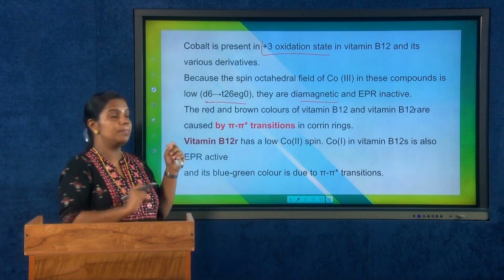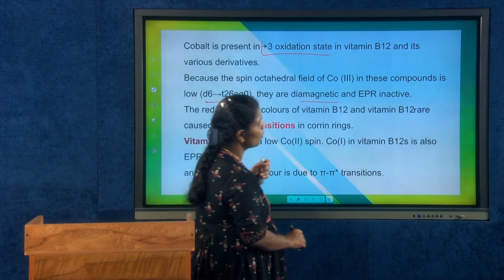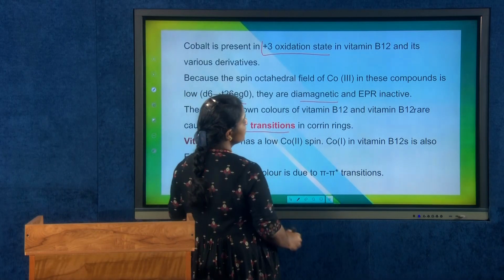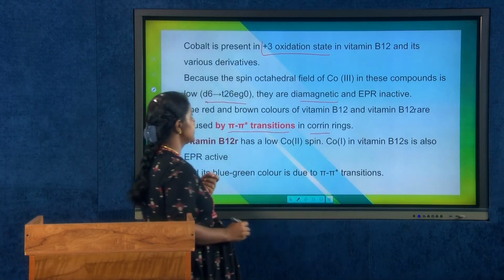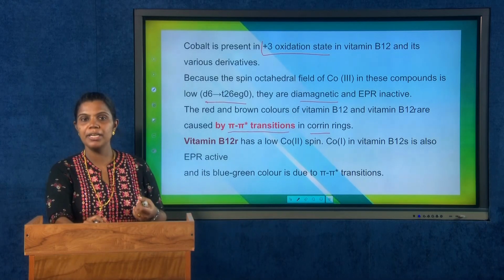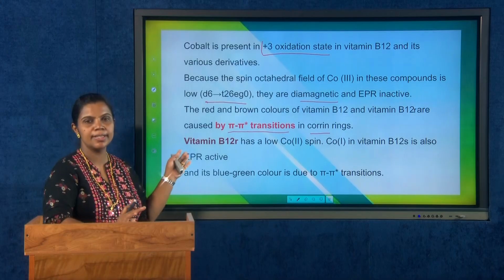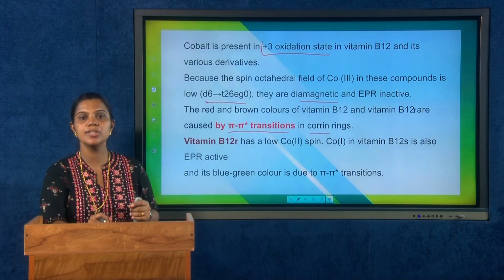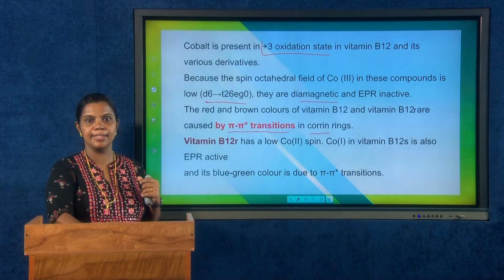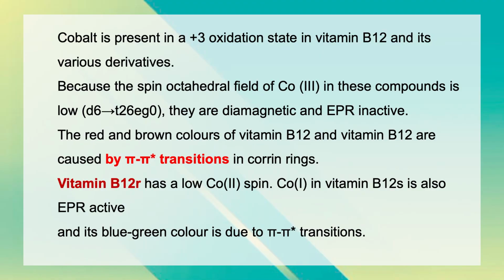The red and brown colors of vitamin B12 are caused by the pi to pi star transitions in the corrin ring system. You know that vitamin B12 has a certain brown color, and it is caused by the pi to pi star transition in the corrin ring system. There are different types of vitamin B12.